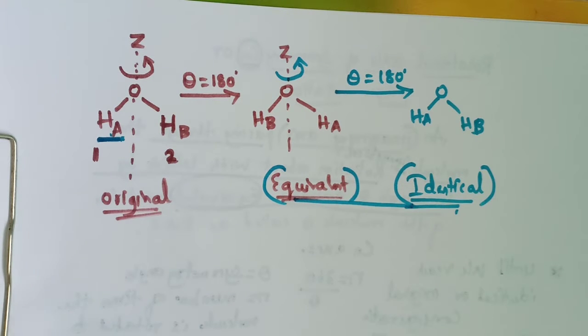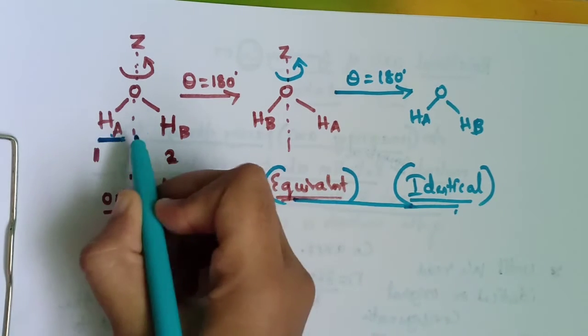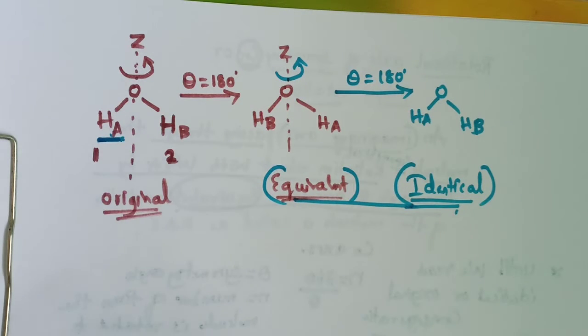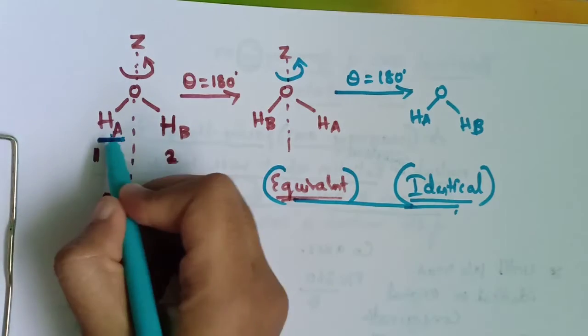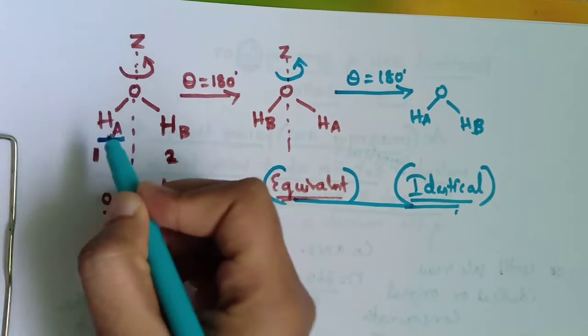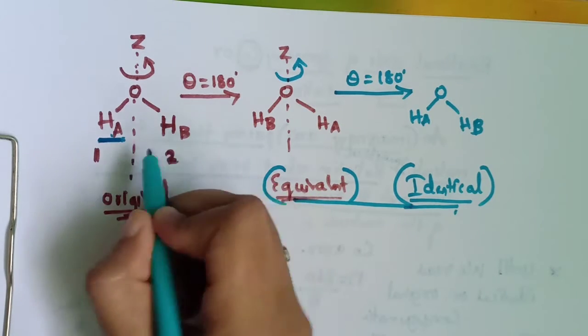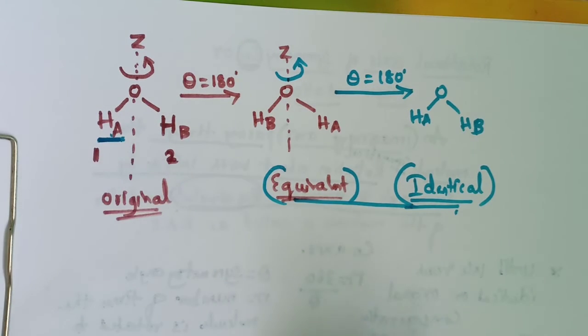If we rotate by 90 degrees, this will come this side and this will go back side, this will come front side. So we'll obtain a new configuration. So this molecule where we have started rotation, this atom will become vacant and this HB also becomes vacant. It should not become vacant. We should not obtain a new configuration. Only equivalent or identical configurations are valid for the rotation, proper rotation.